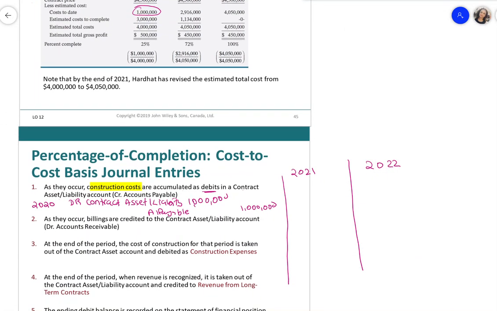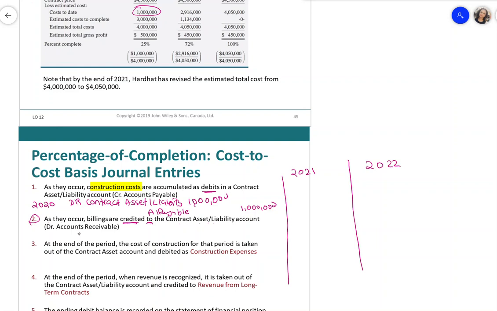So when you go forward, the next part, the second entry: as they occur, billings are credited to which account? The contract asset/liability account, and debit the receivables. Since the construction company completed 25% of the project, they're allowed to bill.